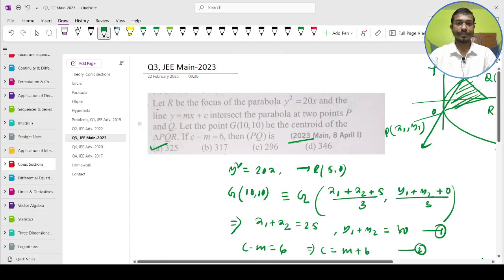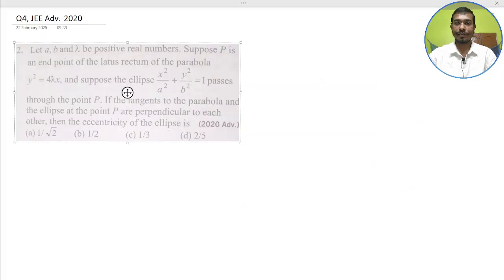Next, go ahead. Question number 4 is JEE Advanced 2020. Let a, b and lambda be positive real numbers. Suppose P is an endpoint of the latus rectum of the parabola y square equal to 4 lambda x, and suppose the ellipse x square by a square plus y square by b square equal to 1 passes through the point P. If the tangents to the parabola and the ellipse at the point P are perpendicular to each other, then the eccentricity of the ellipse is what?